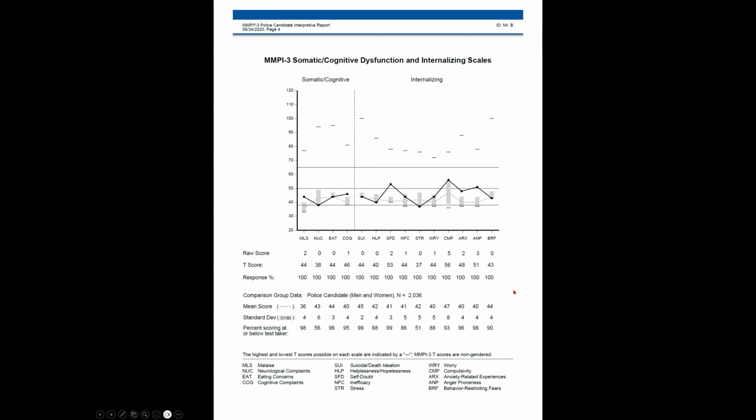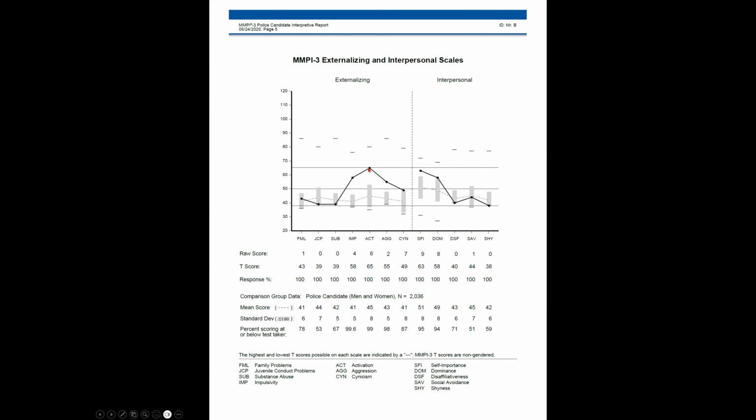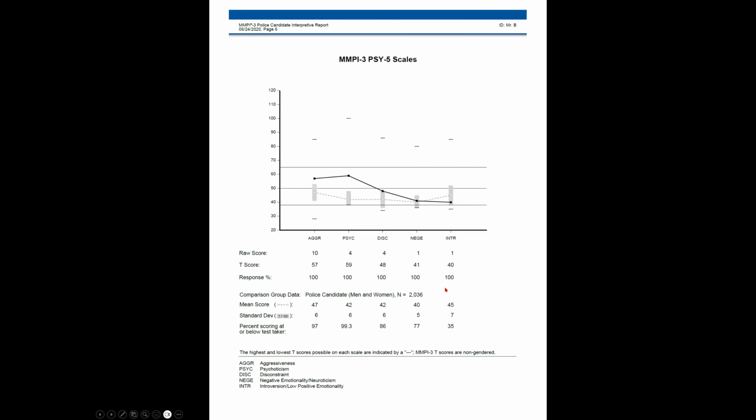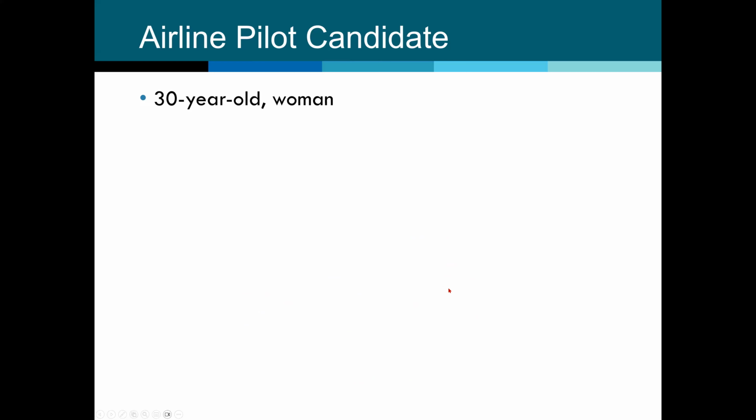Obviously, a very substantial red flag. Also an associated elevation on the activation scale at the 99th percentile, self-importance at the 95th percentile. So there definitely would be some red flags indicated here in this MMPI-3.